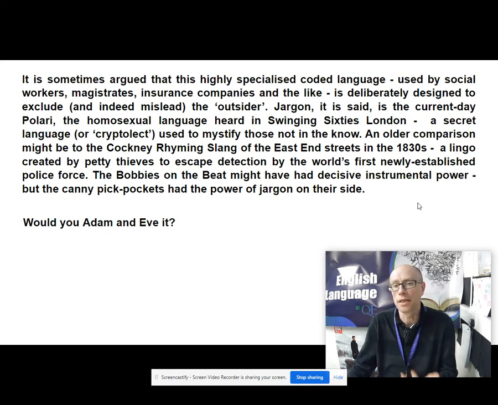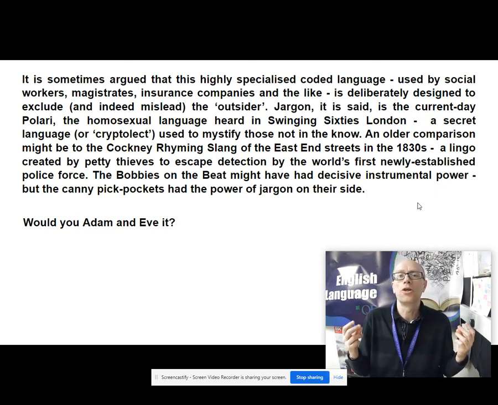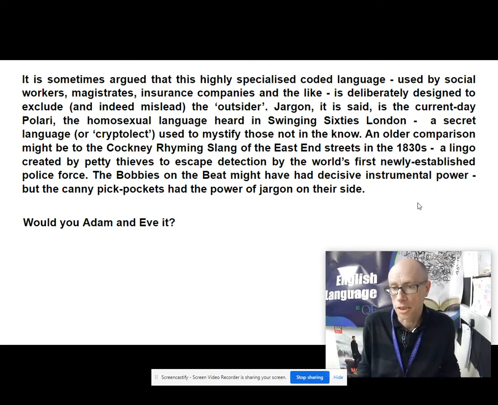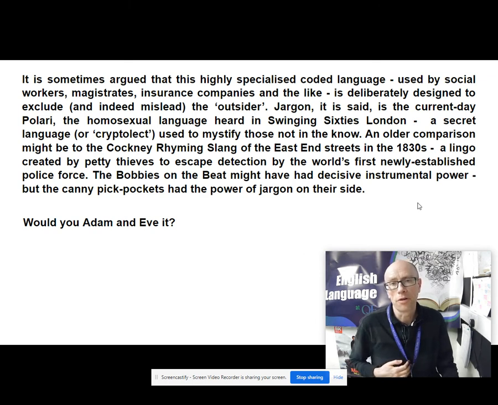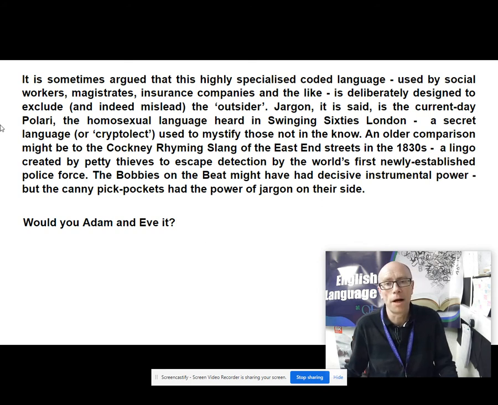So here we're properly getting into gear with AO2. We're noticing that this is not written like an essay. It is written like a piece of journalism, and therefore you need that snappy, brisk, humorous journalistic style. But at the same time, you've got to be conveying that you know your onions in terms of AO2 language. You know, for example, about Polari. Or at least you will know about it when we study that bit of the course.